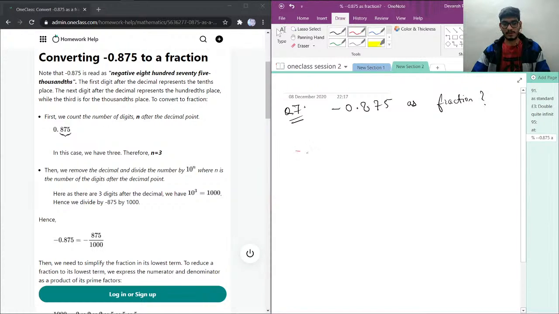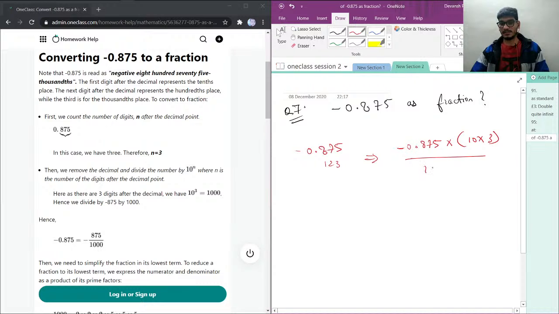So the number we had was negative of 0.875. Now we have 1, 2, 3 digits after the decimal. So we are going to multiply by 10 to the power of the number of digits. We have 3 digits and we cannot just multiply, so we need to divide by the exact same number.